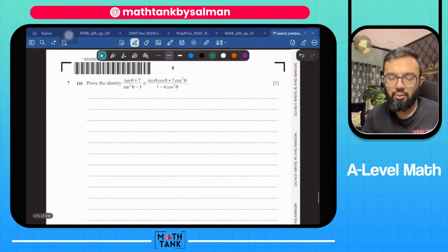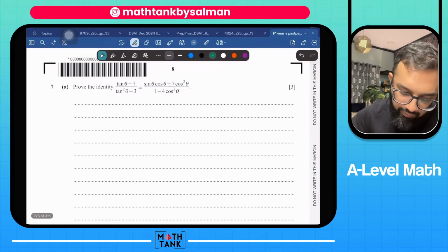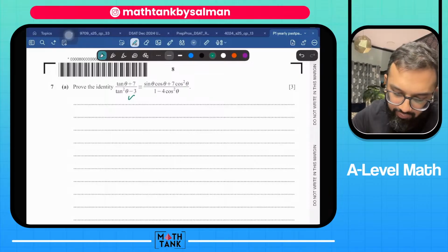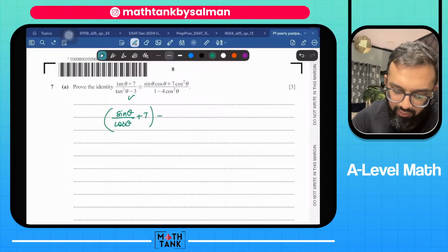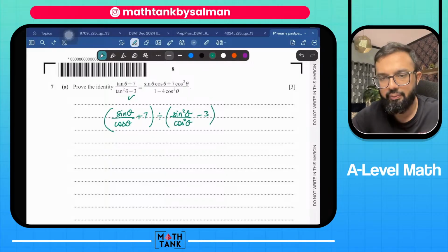Okay. Coming to the next question, which is trigonometry. Let's start solving this. Prove the identities. I think it's easier to prove this identity from the left hand side. That's sine theta over cos theta plus 7 divided by sine square theta over cos square theta minus 3.